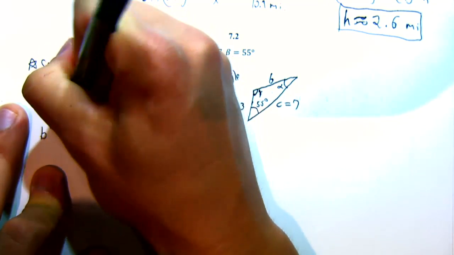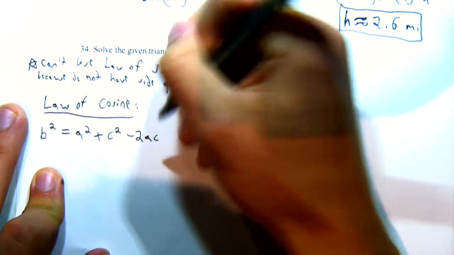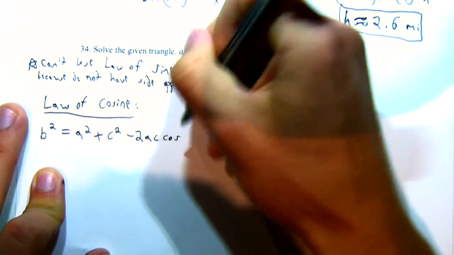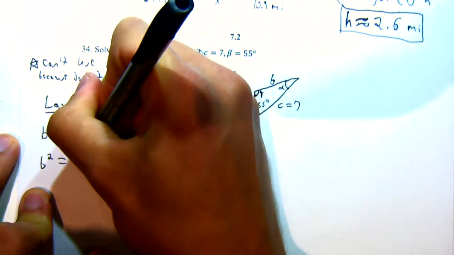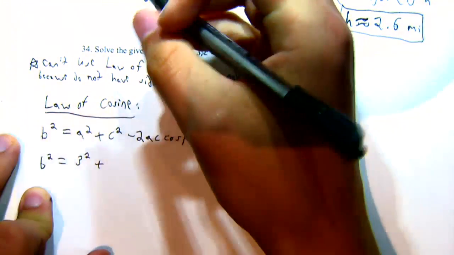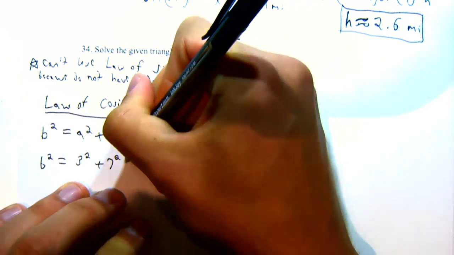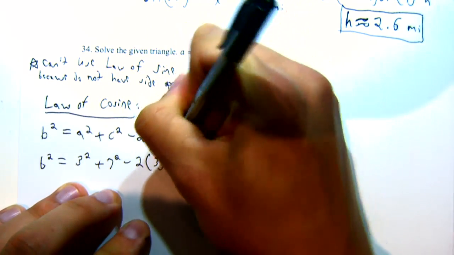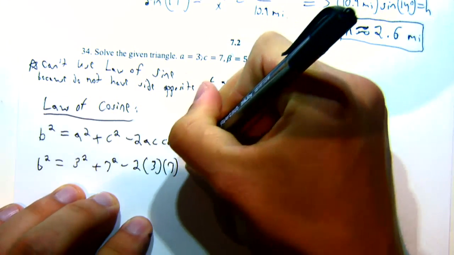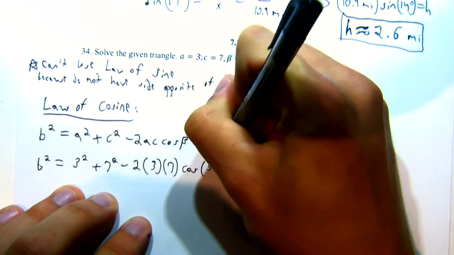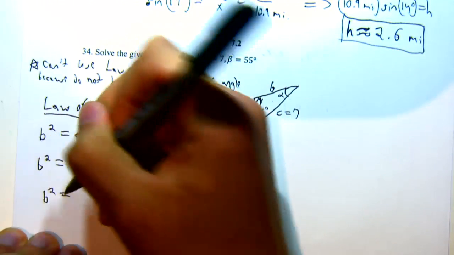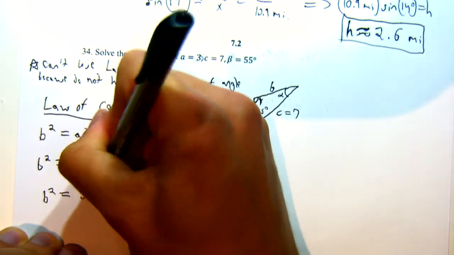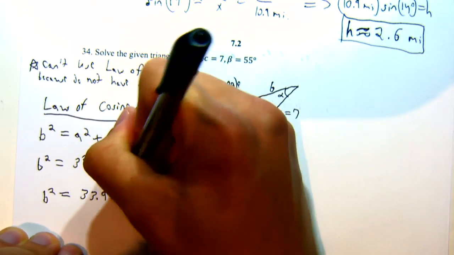So b squared is equal to a squared plus c squared minus 2ac times the cosine of beta. Now I can just plug in those values. And we get b squared is equal to 33.90979.